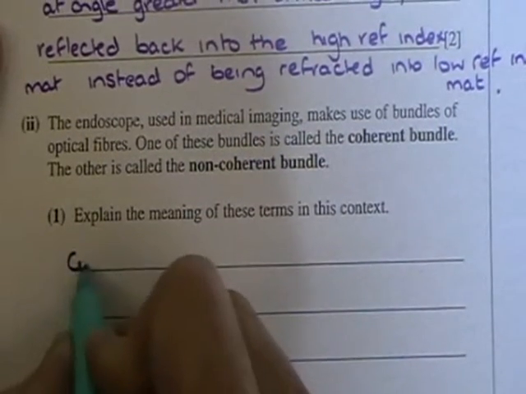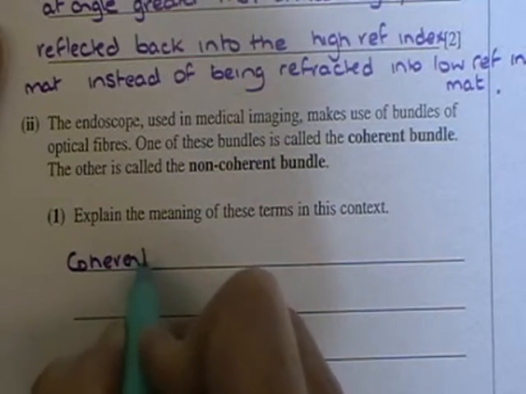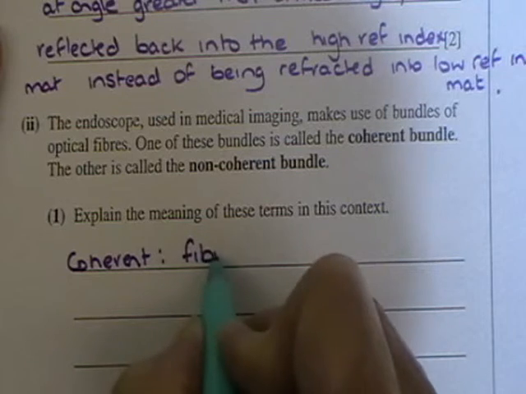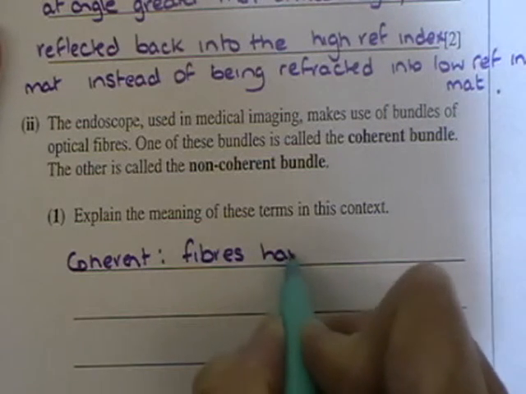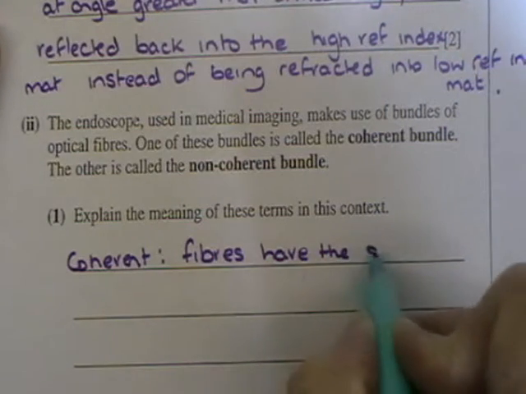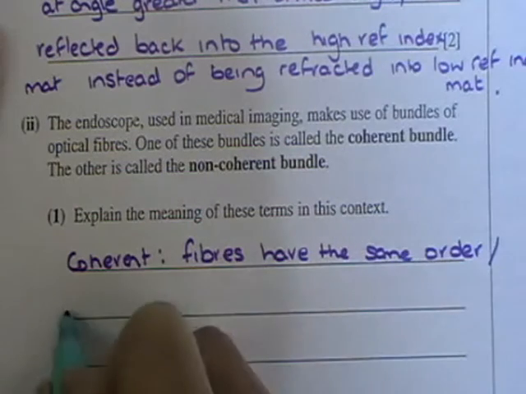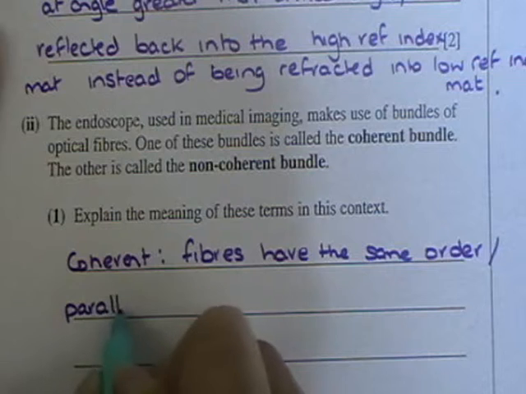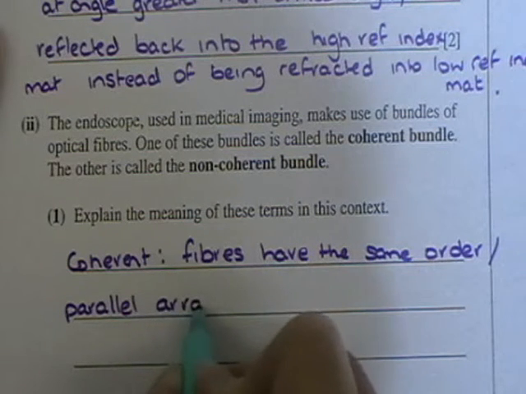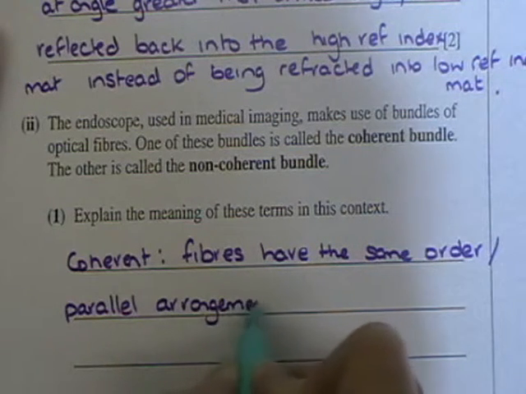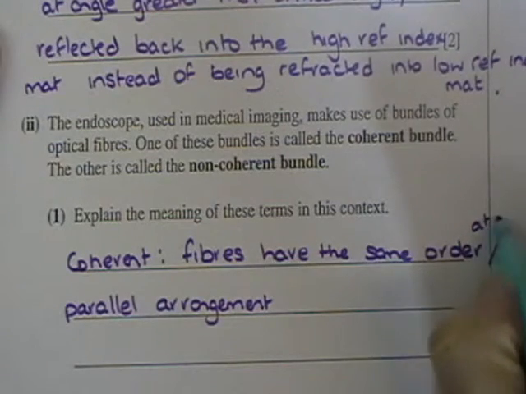So coherent is where the fibres have the same order. In the mark scheme they actually say parallel arrangement, which is quite a good way to explain that. Parallel arrangement. So the same order at each end.